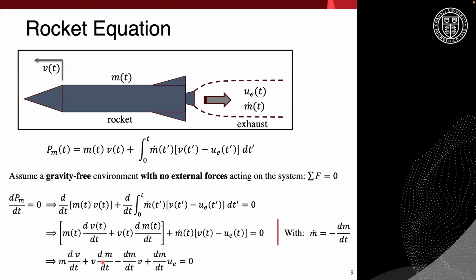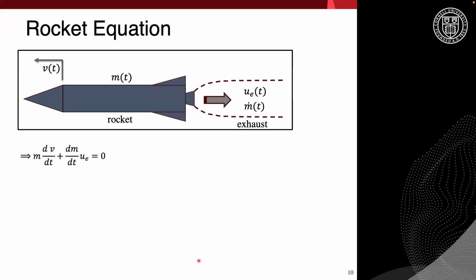So the first two terms are going to be m dv/dt plus v dm/dt. And then we'll get minus dm/dt times v plus dm/dt times ue. And then we notice that these two terms cancel out. So we will end up with only two terms equal to 0. So we will get m dv/dt plus dm/dt ue is equal to 0. So this is what we obtain.